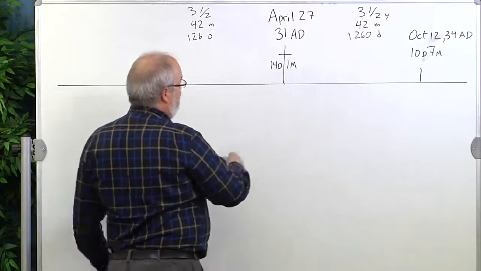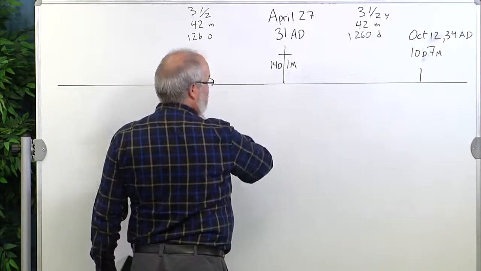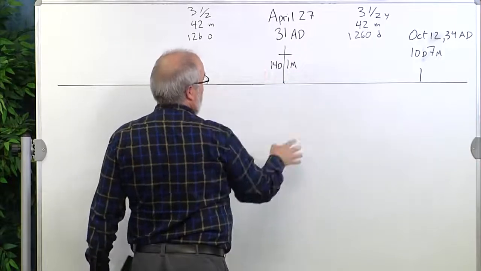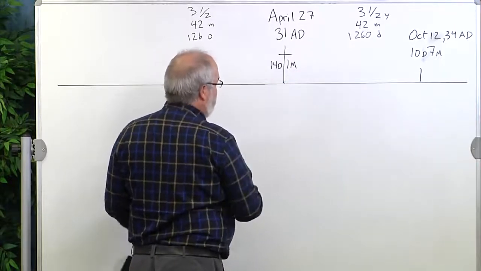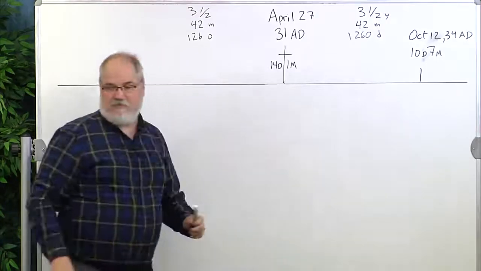So what I did is I wanted to count 1260 days on either side of the cross. Now to do that, I didn't just simply take this date, April 27, 31 AD, but I'm going to write these numbers out here. So these are the Julian day numbers. They just start on January 1st, 4713 BC, and they have a reason why they do it, which isn't really important.